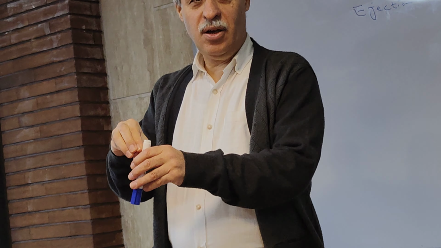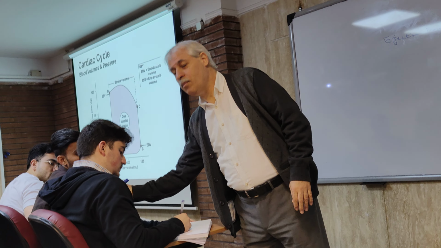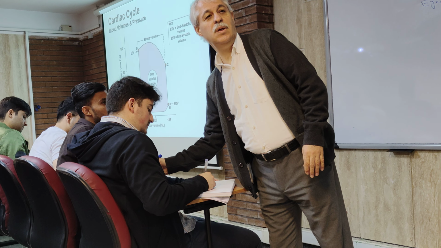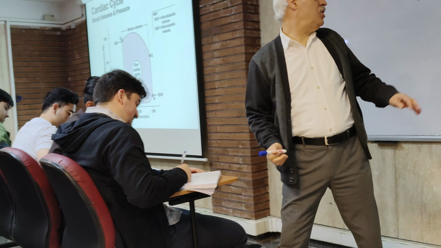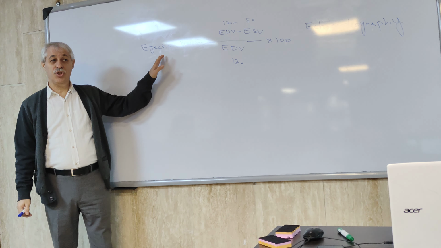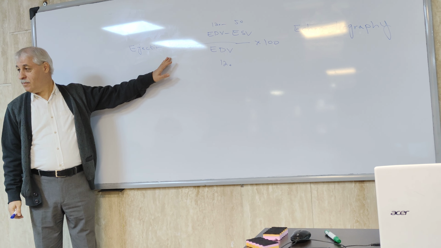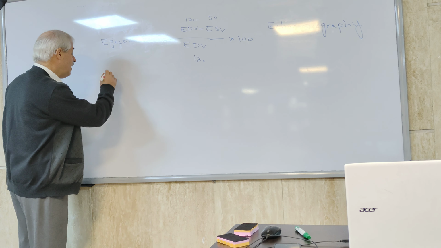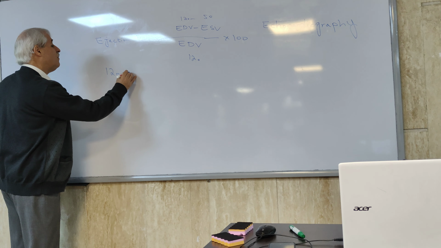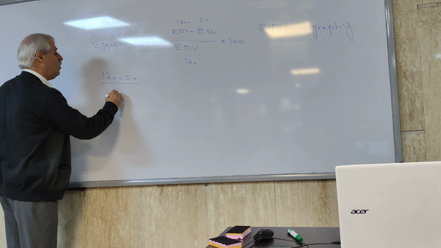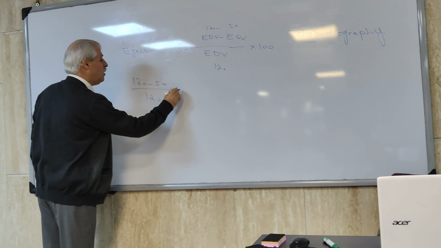Using a jelly on the probe, you put it over the heart. Very easy. And measure this index, ejection fraction: 120 minus 50 over 120 times 100.